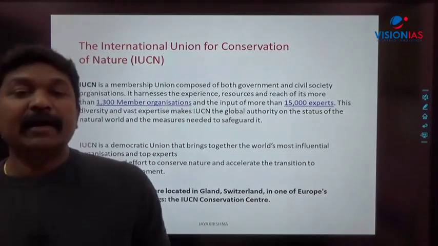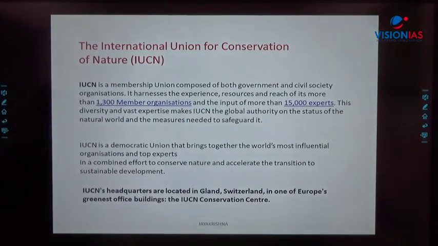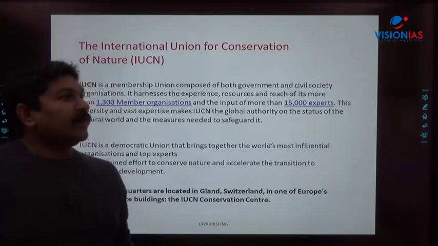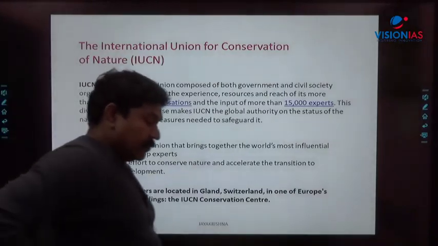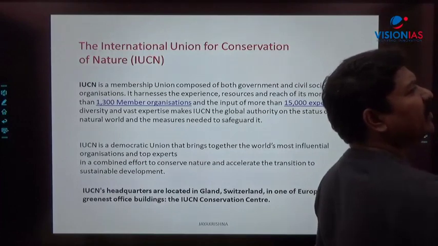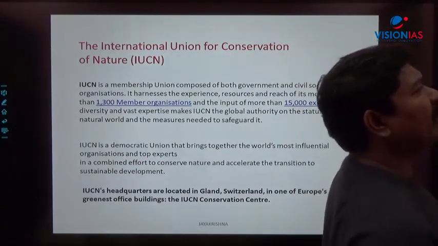It funded WWF, World Wildlife Fund for Nature. IUCN funded WWF, and WWF became reality because of IUCN funding. Because of funding, it became reality, right?